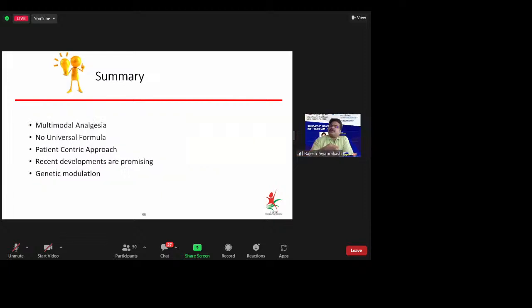Sir, is there any role of IV lidocaine in multimodal analgesia? Yes, IV lidocaine doesn't have that acute effect. The mode of action of IV lidocaine is mainly against sensitization.